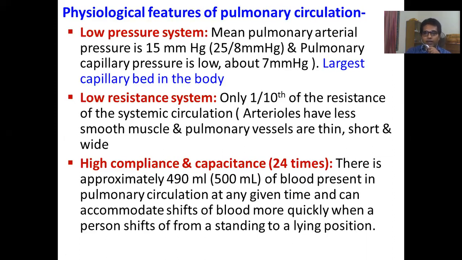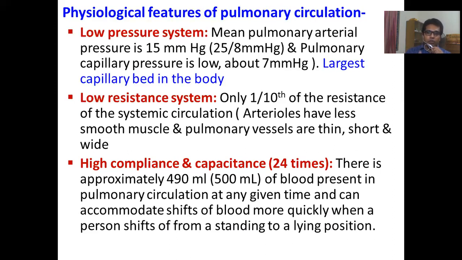Another thing is that this circulation can accommodate shifts of blood quickly when a person changes from a standing to a lying position. During standing, the blood is pulled to the periphery, so the blood volume in the pulmonary circulation is reduced.